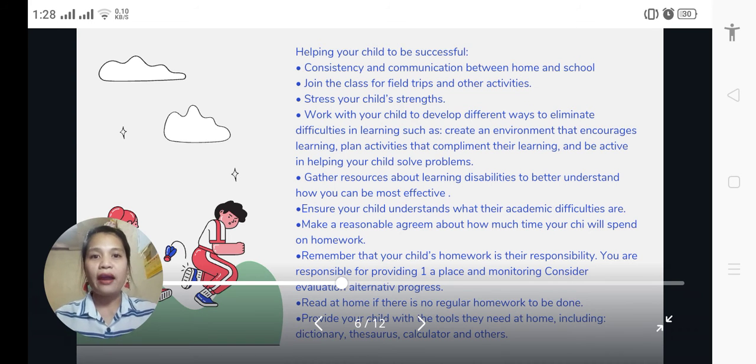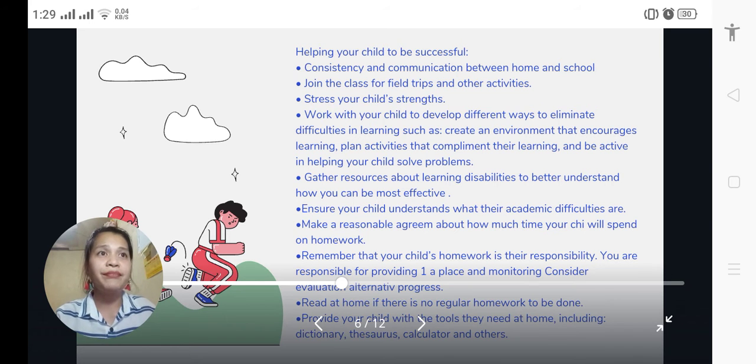For parents of students with special needs, some of the parents are busy, so they have an assistant teacher or paraeducator to guide their children, or some have a yaya. But parents' involvement is very important, so it should be considered.